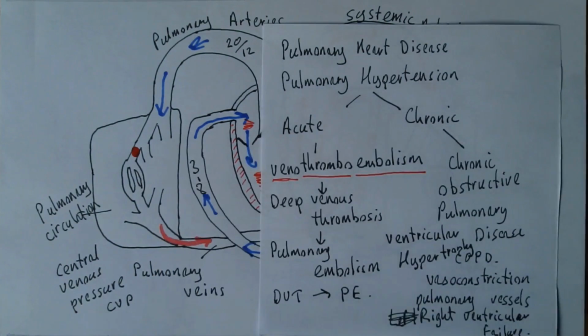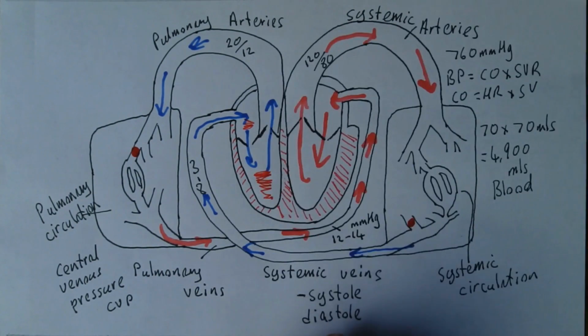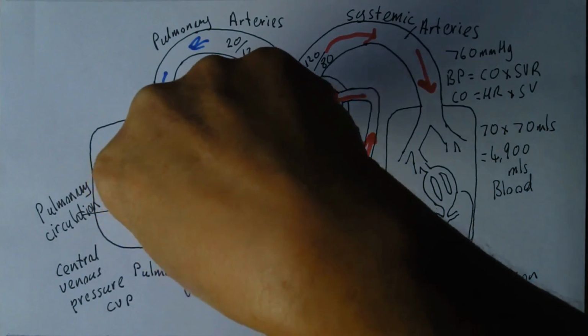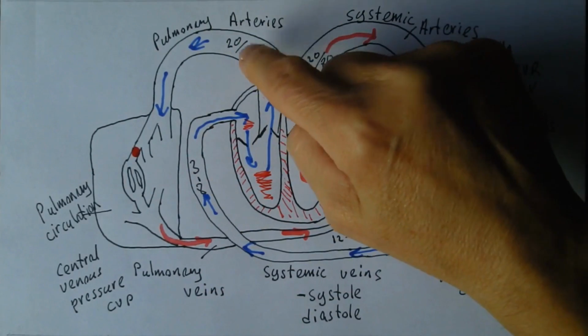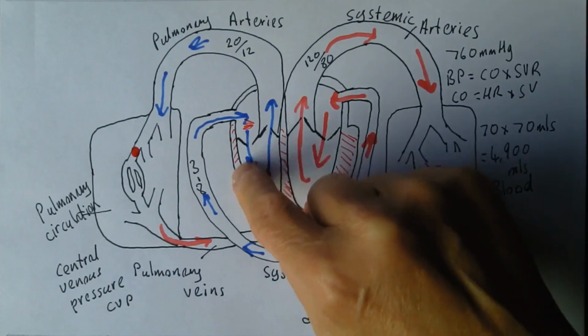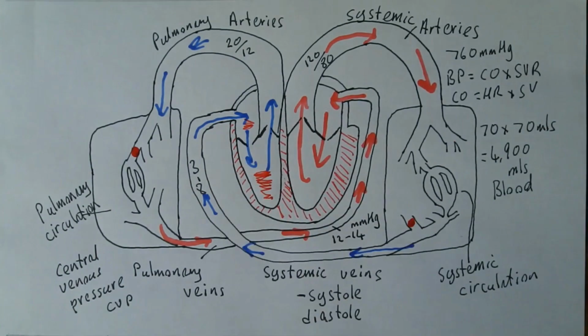Acutely because of the presence of the emboli, or chronically because of the vasoconstriction in the pulmonary arterial vessels induced by the low levels of oxygen in the alveoli, giving rise to chronic vasoconstriction, chronic increased pulmonary arterial pressure, ongoing chronic increased workload of the right ventricle, leading to right ventricular hypertrophy and then right ventricular failure. So in the next video clip, I think we'll go on and look at the systemic arteries.